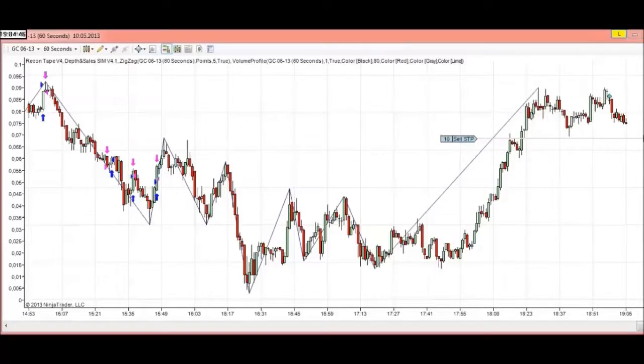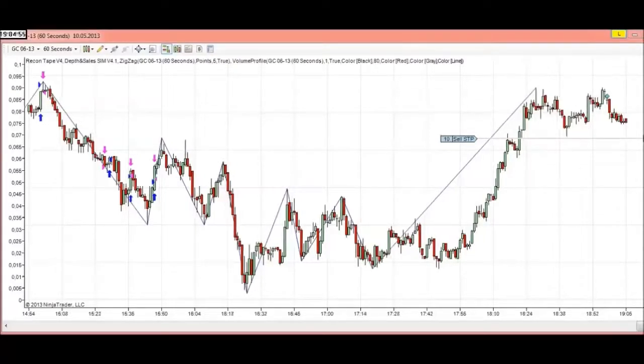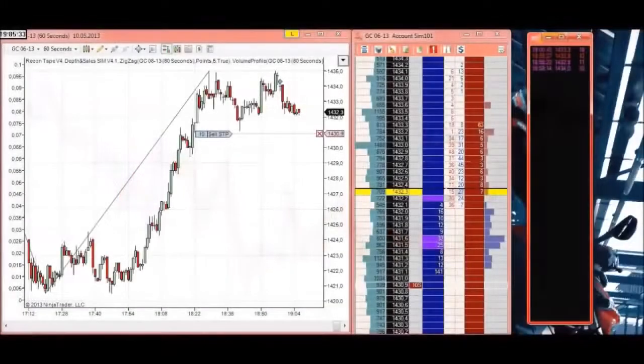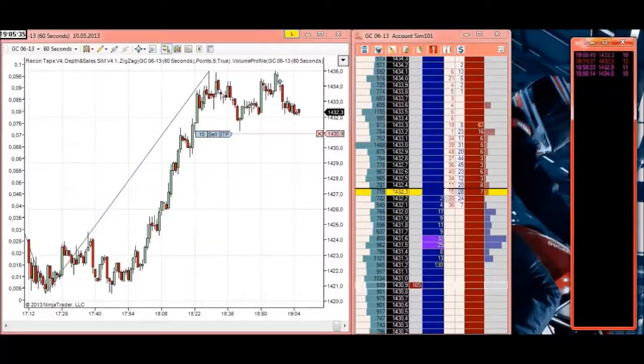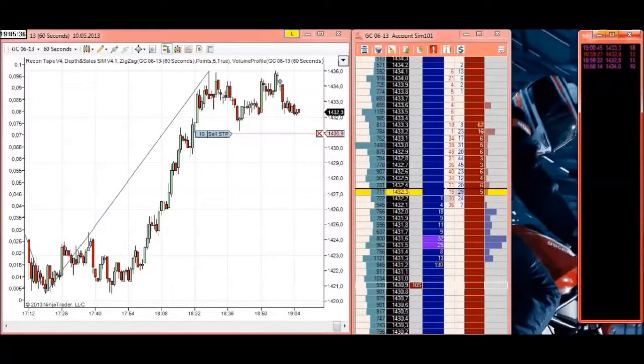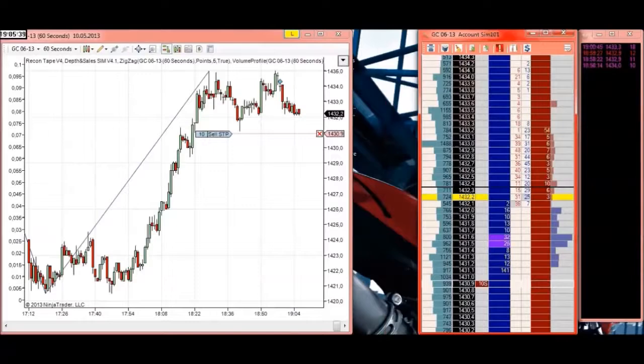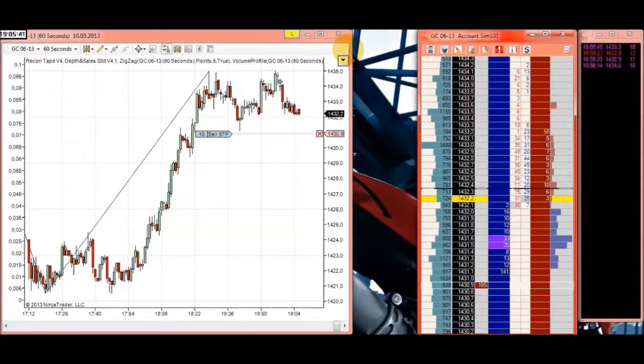So I want to see some large orders. If I'm short, I want to see some large buying orders start to come to close it, and I want to see the situation changing in the DOM. I want to see, if I can use some order stacking. Let's put here, here, and here.